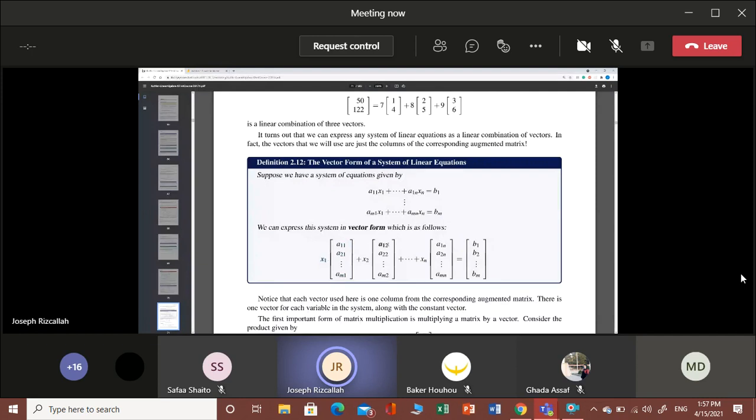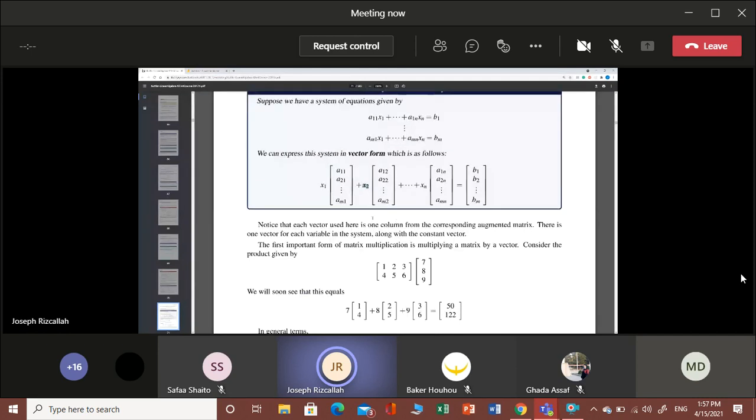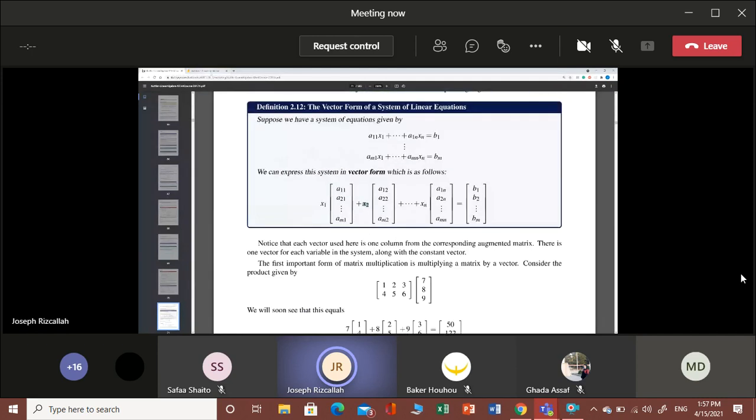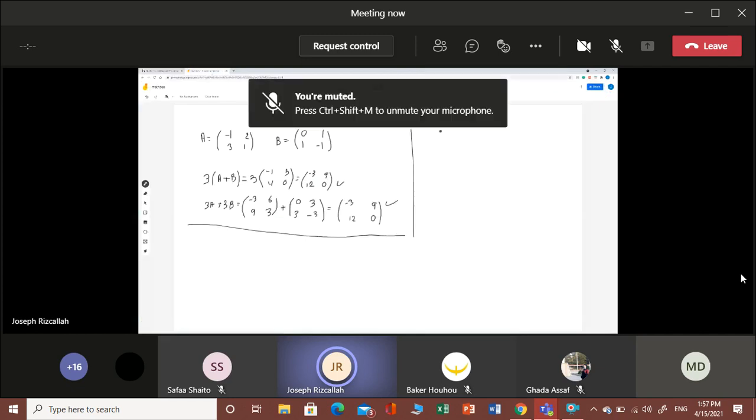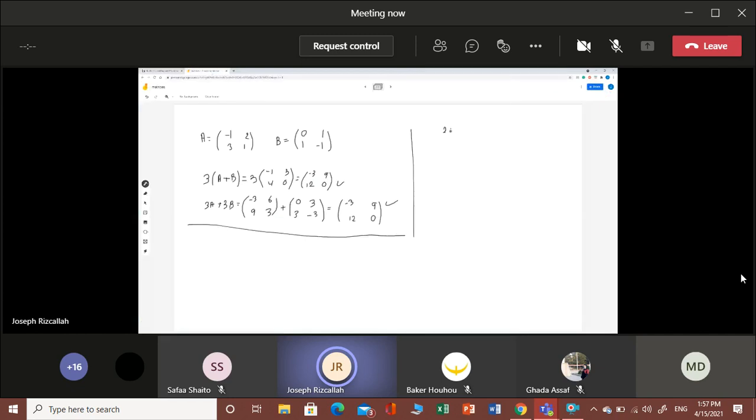Just to make sure that you understand this kind of notation, let's try to write a simple system first: 2x plus 3y is equal to 5, and minus x plus 2y is equal to minus 2.